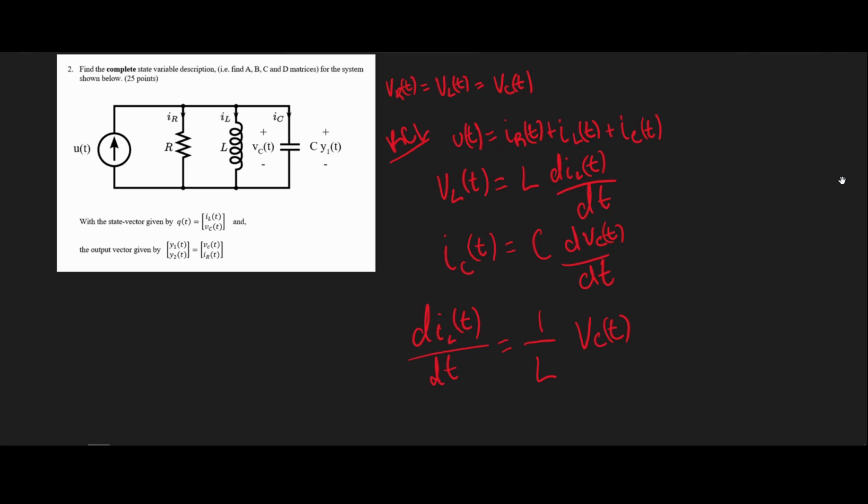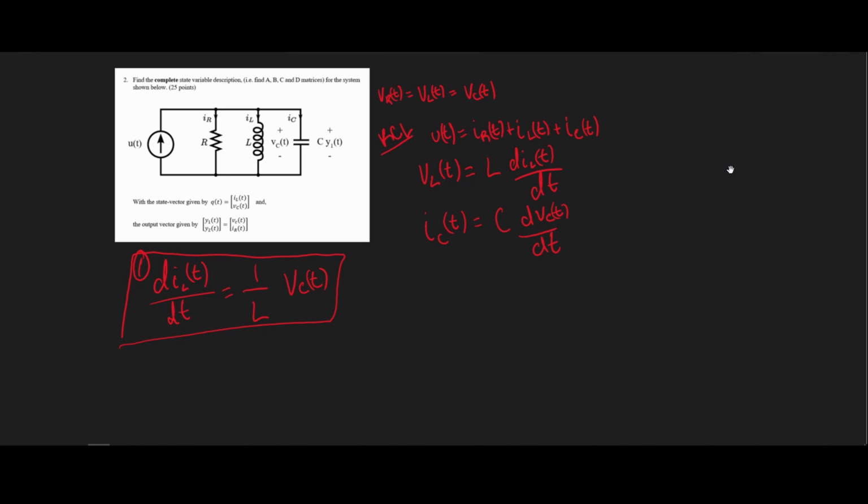That is equation number 1 that we're going to use to find the state matrices. For the next equation, we have to isolate the dVc/dt.